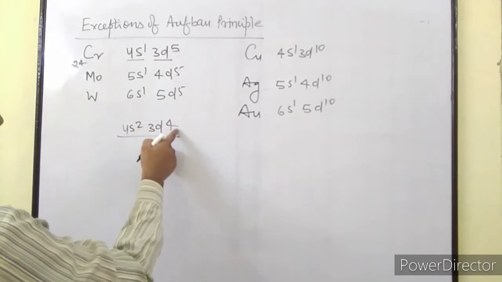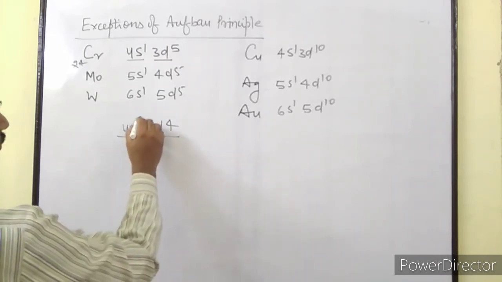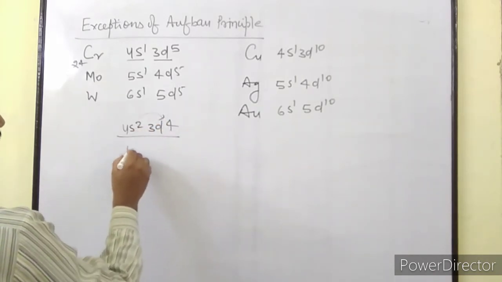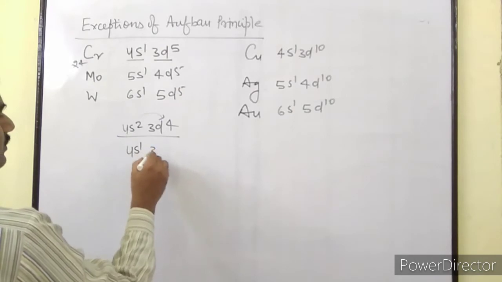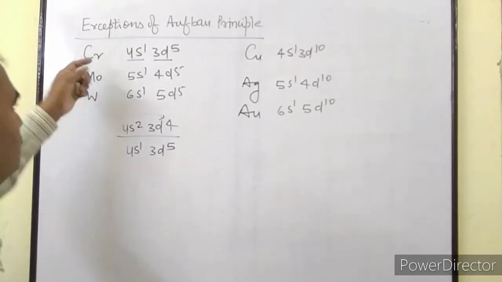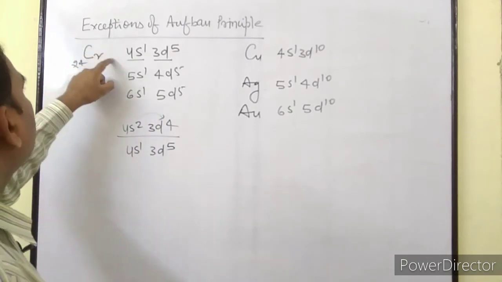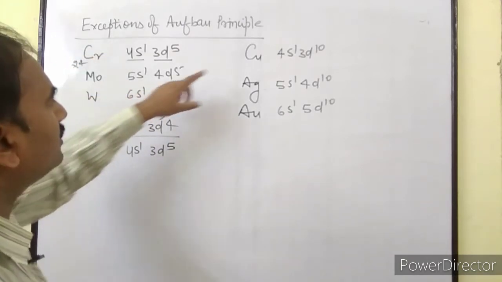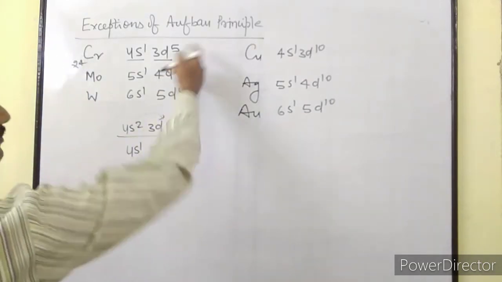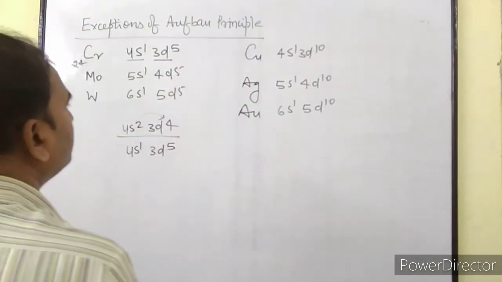So for maintaining stability, one electron comes from s orbital to d orbital and it becomes like this. So just like chromium, molybdenum, tungsten, copper, silver and gold, these are the exceptions of Aufbau principle.